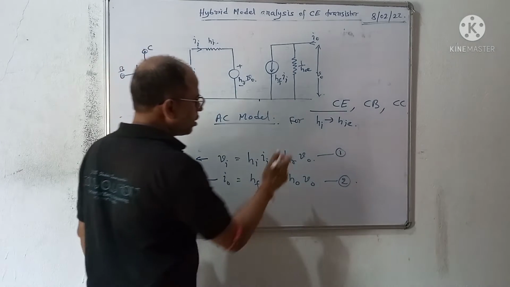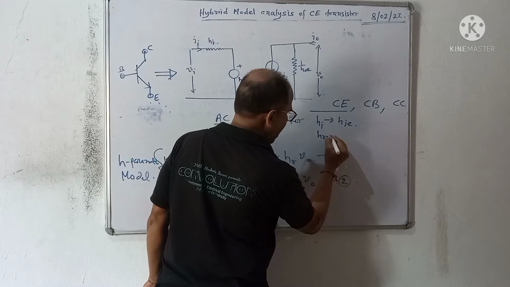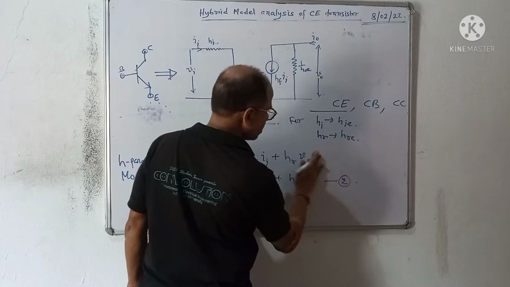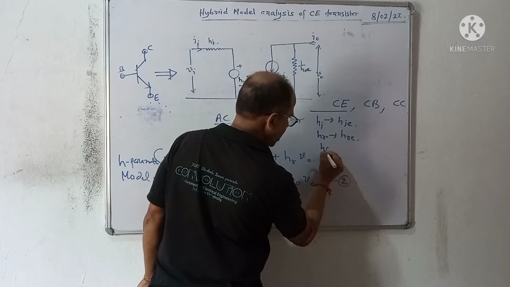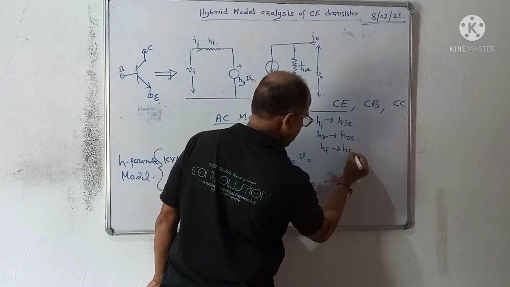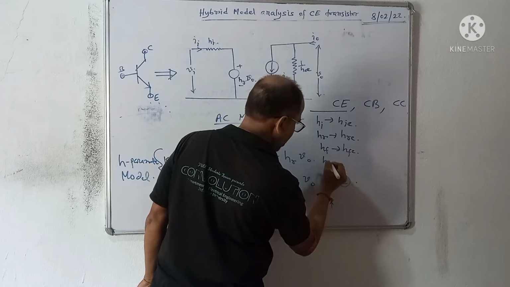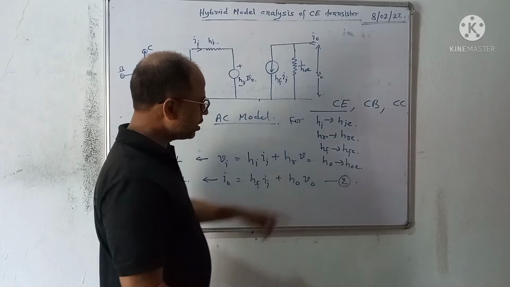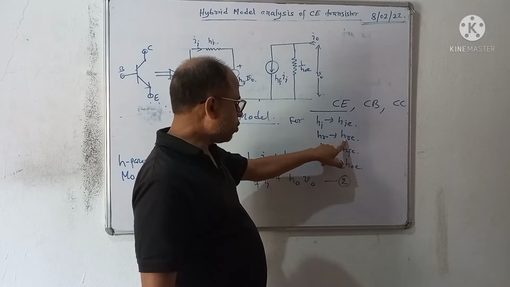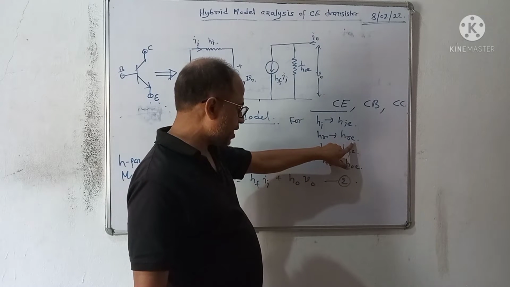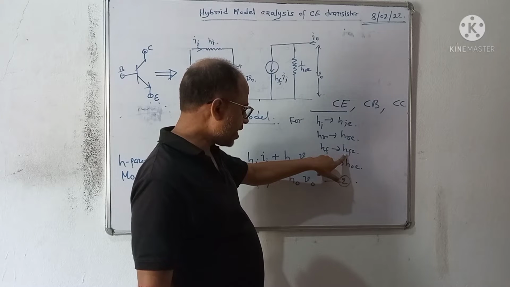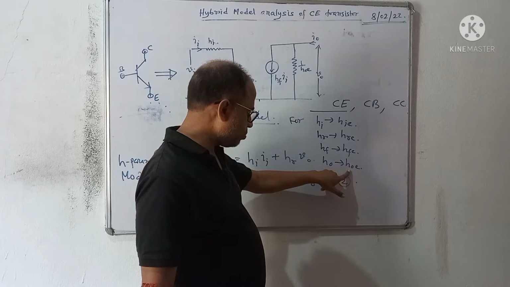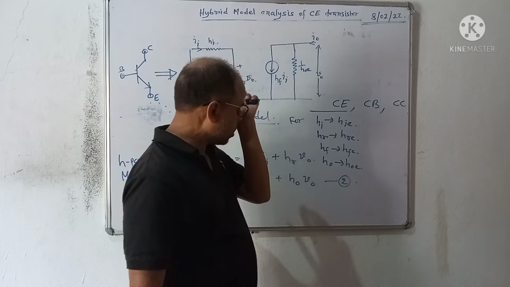HR becomes HRE, HF becomes HFE, and HO becomes HOE. These are the reverse voltage gain with emitter common, forward current gain with emitter common, and output admittance with emitter common.